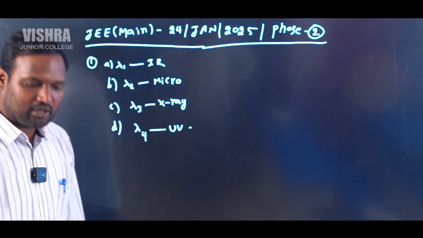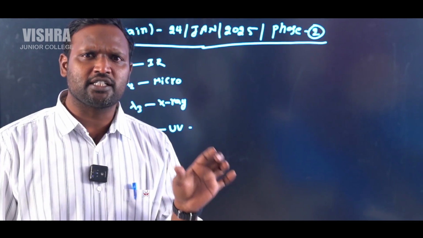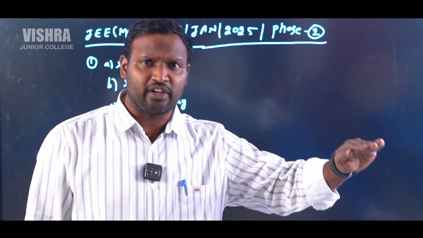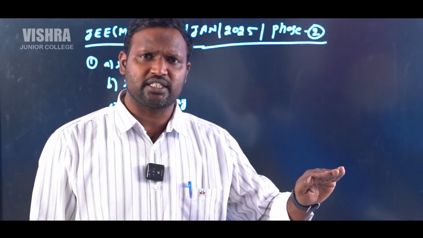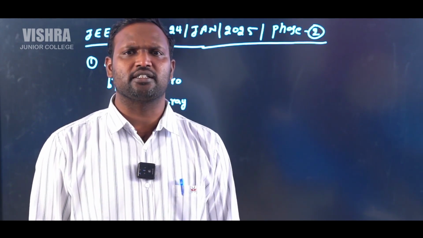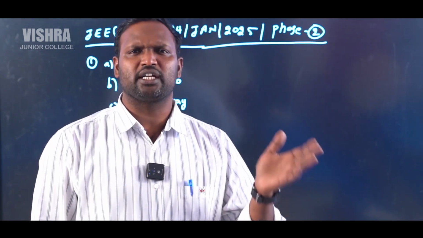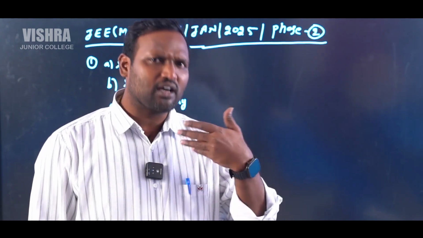So already you know about the electromagnetic spectrum. An arrangement of different types of electromagnetic radiations in increasing order of their wavelength, or decreasing order of frequencies, is called the electromagnetic spectrum. There are different types of electromagnetic radiations: X-rays, gamma rays, UV rays, visible rays, IR rays, like that. So what is the order of wavelength of these different types?